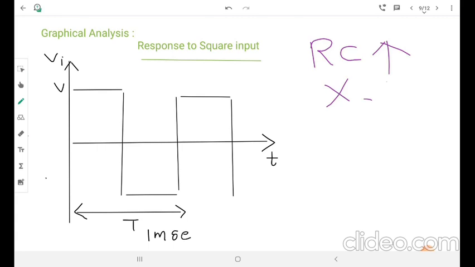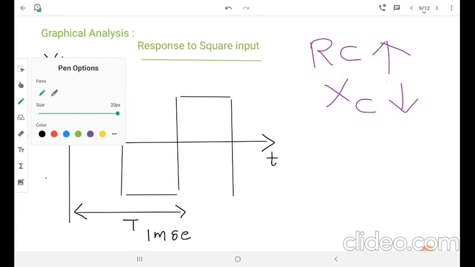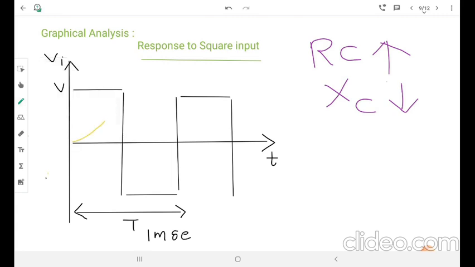That means the reactance of the capacitor is very less, so the capacitor charges and discharges very slowly. During the positive half of this input, the capacitor tries to charge to the maximum value like this, and it tries to charge in the opposite direction like this. But here the time constant RC is very high, so the capacitor charges and discharges very slowly like this.